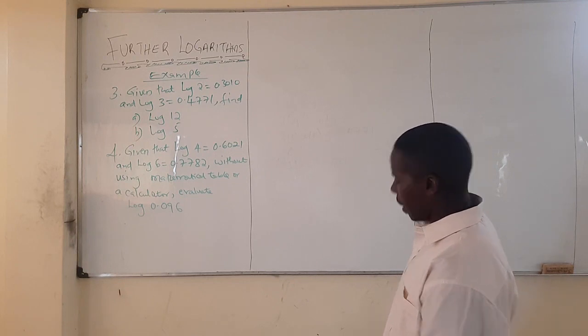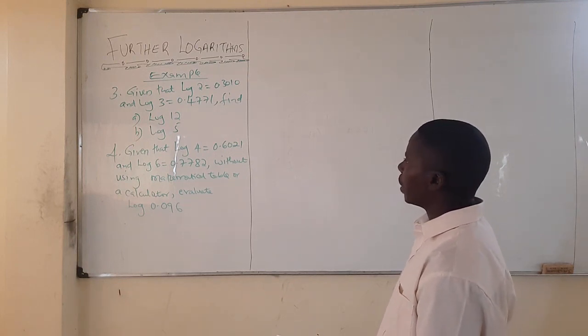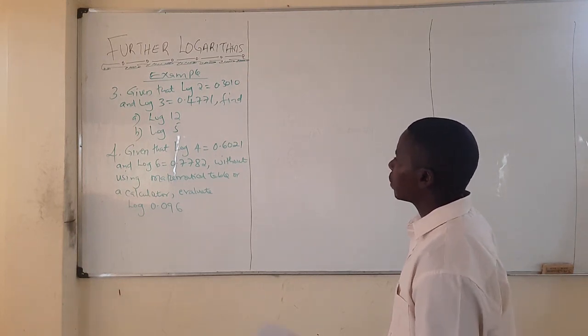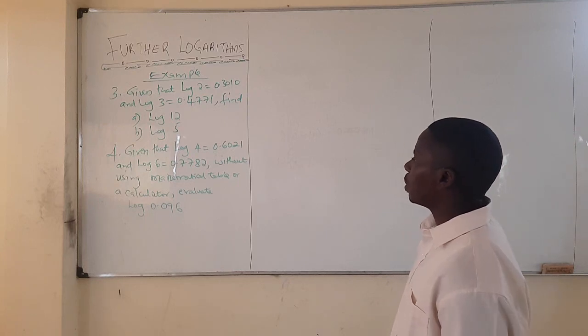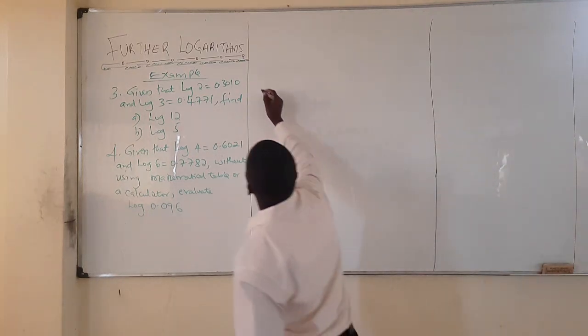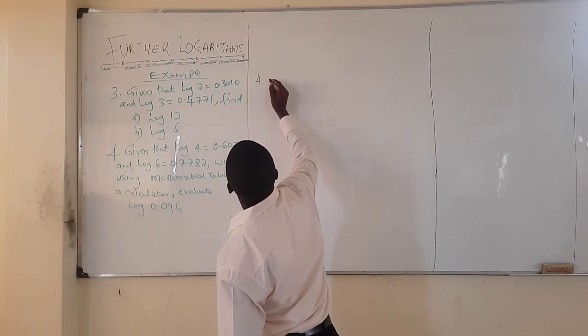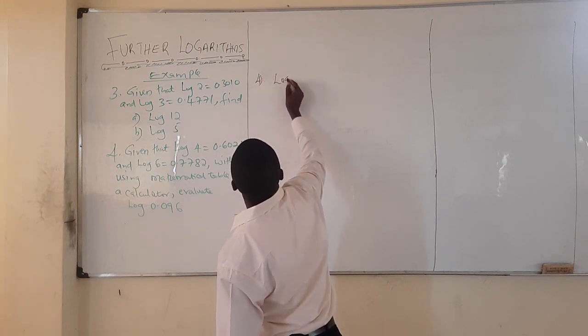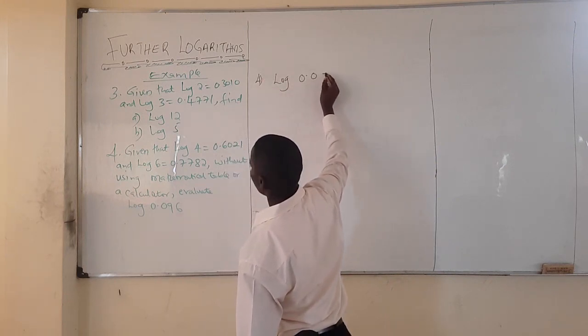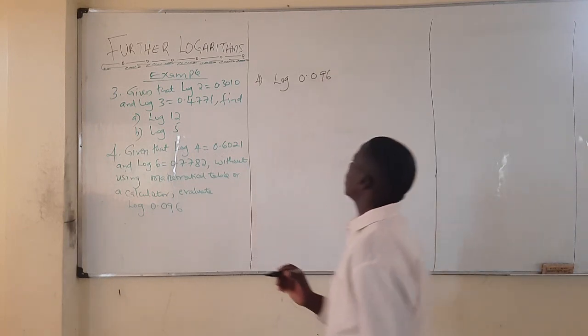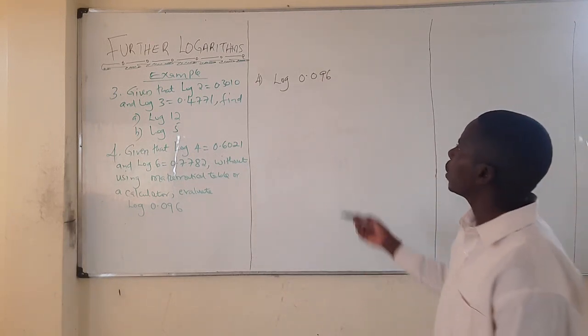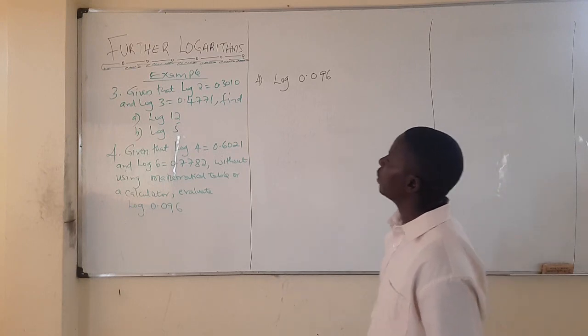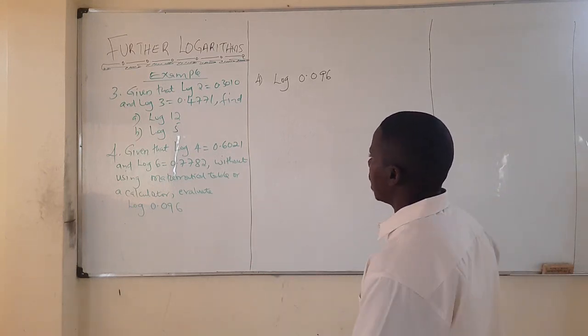So we have got the log of 4 and the log of 6, and then we need to get the log of 0.096. So in this case, we have to express the log of 0.096 in terms of 4 and 6.